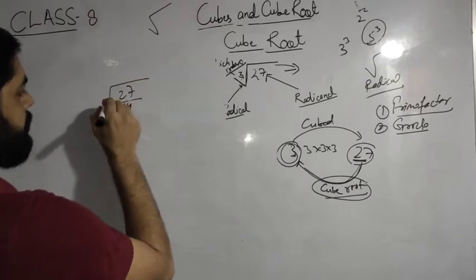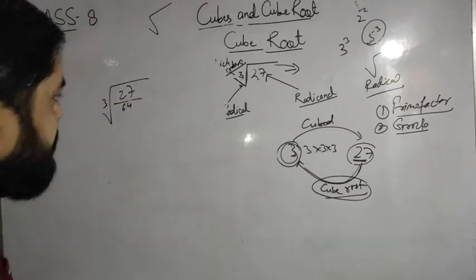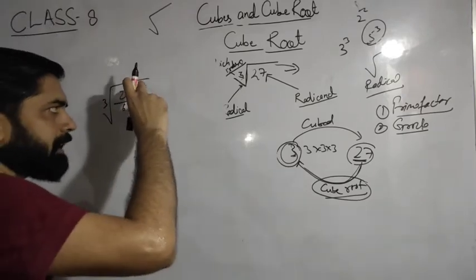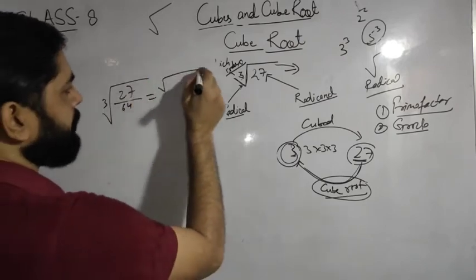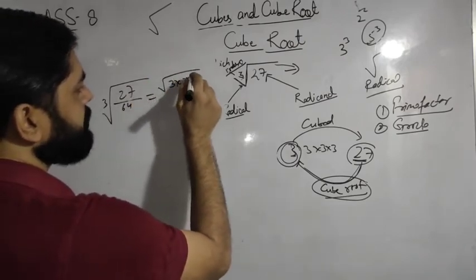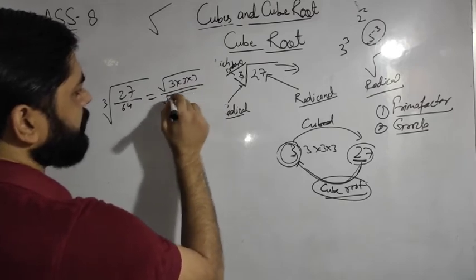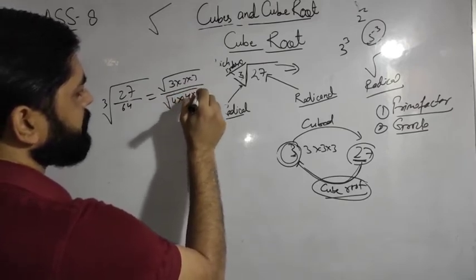So we write it inside the radical, and then we find the prime factors of 27 first. What is the prime factorization of 27? 3 multiplied by 3 multiplied by 3, and for 64, 4 multiplied by 4 multiplied by 4.